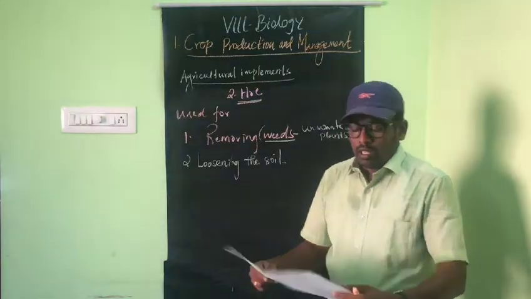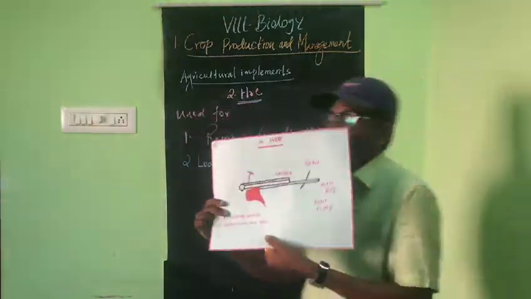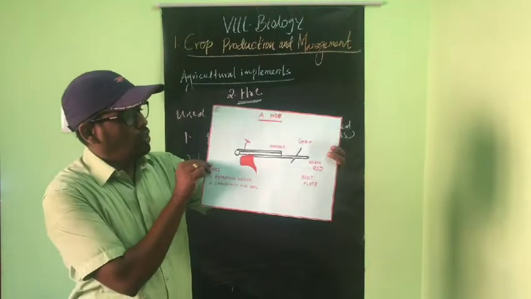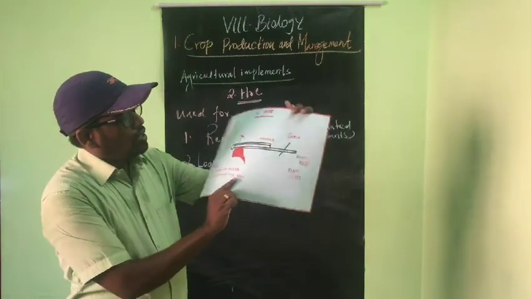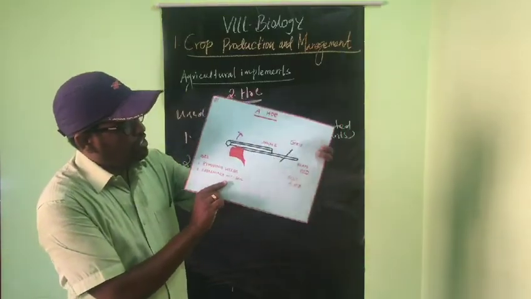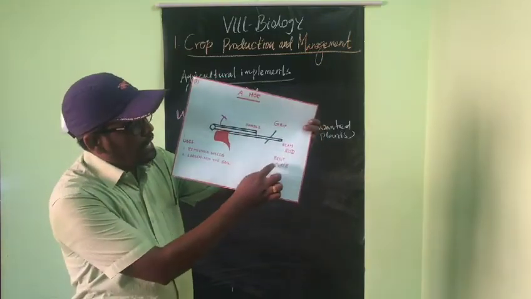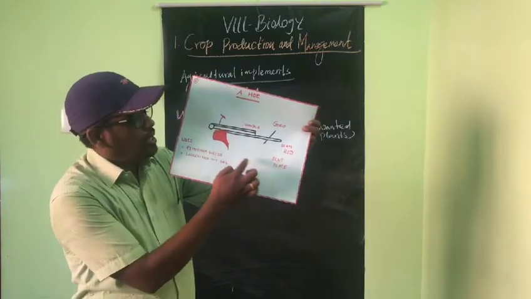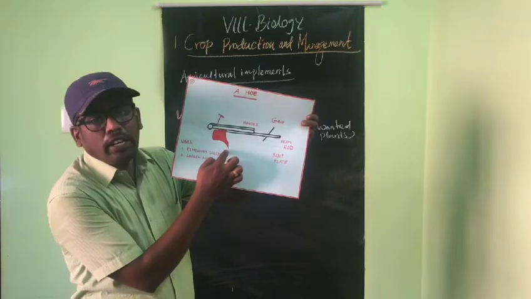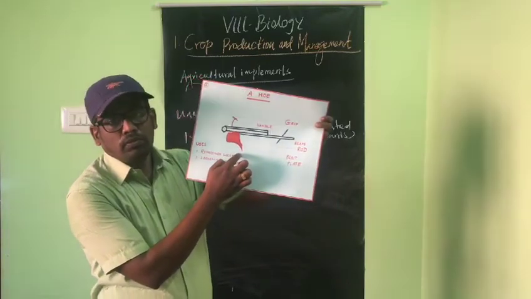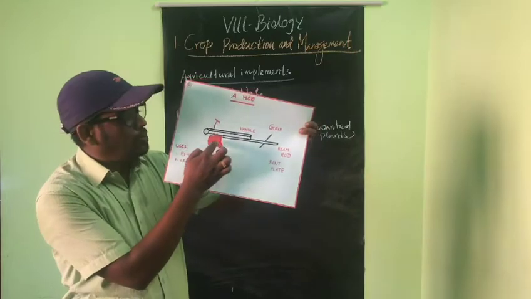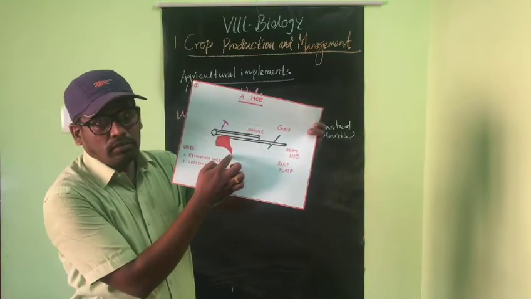And this is the structure of the hoe. It is always made up of steel. There is a bent plate, and the bent plate is always sharp and made up of iron.